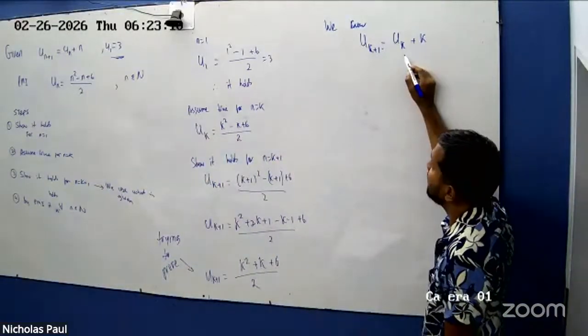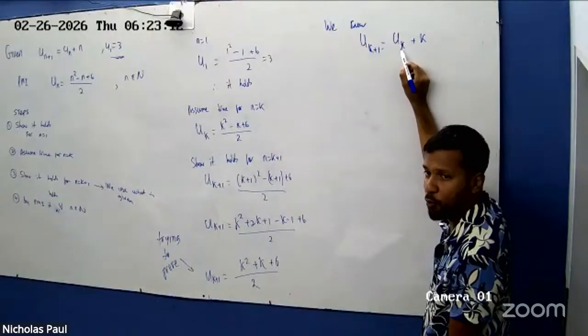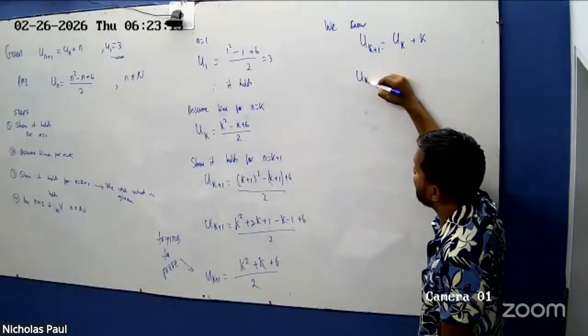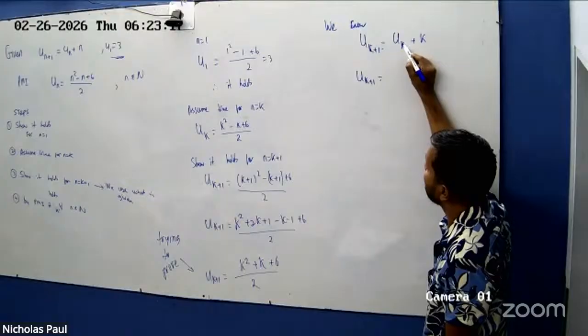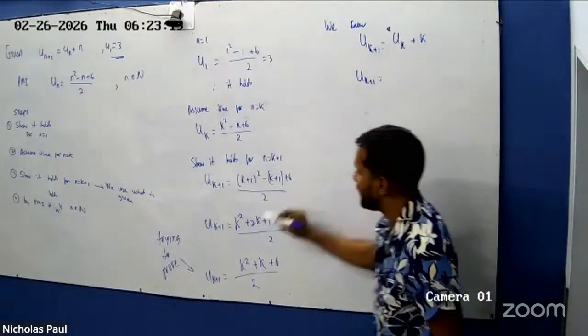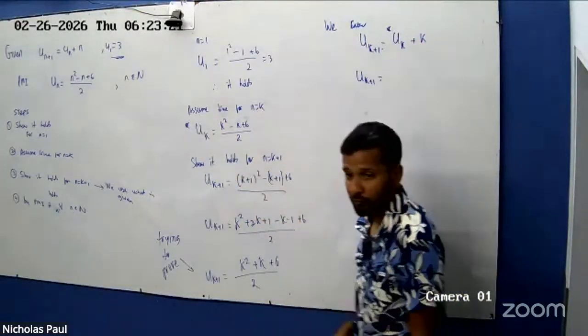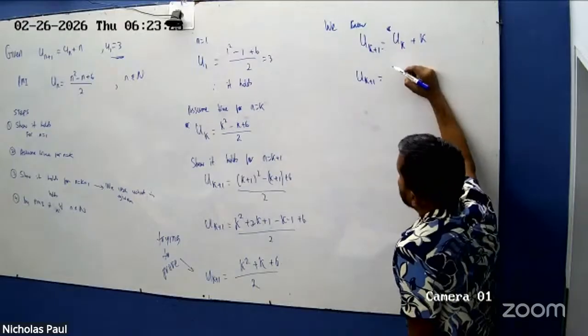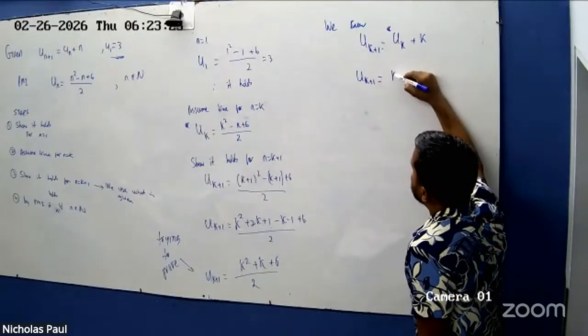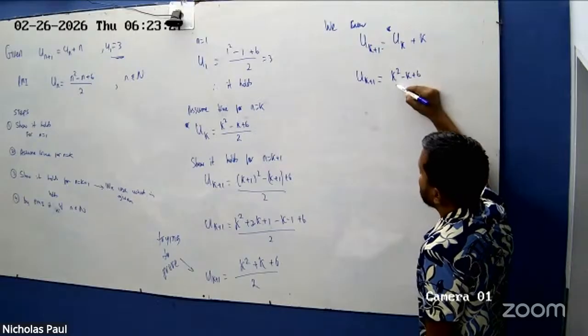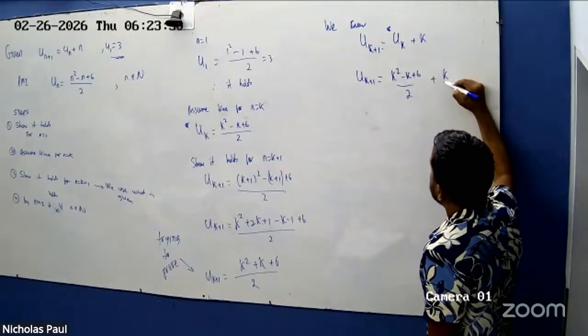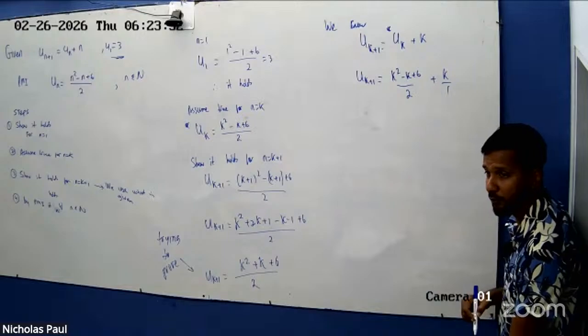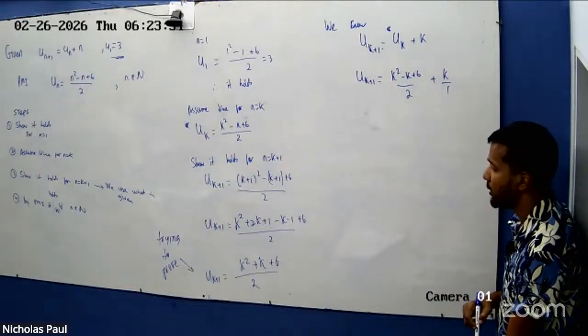And then, where do I go from here? Do I know what is u to the k? U to the k is right here. So u to the k is equal to k squared minus k plus 6 all over 2 plus k. Everybody okay with that?